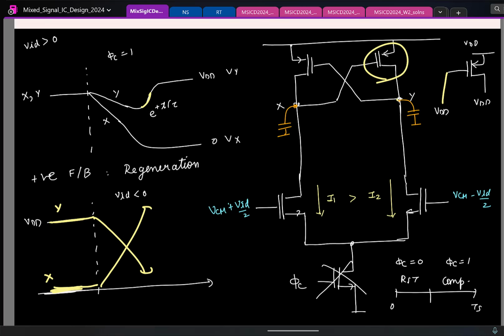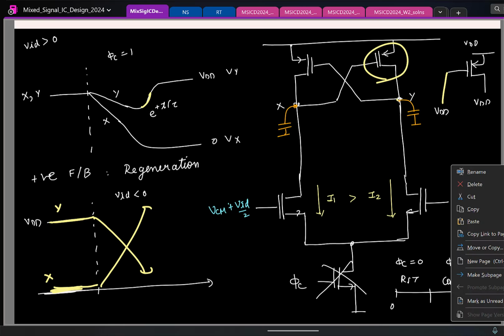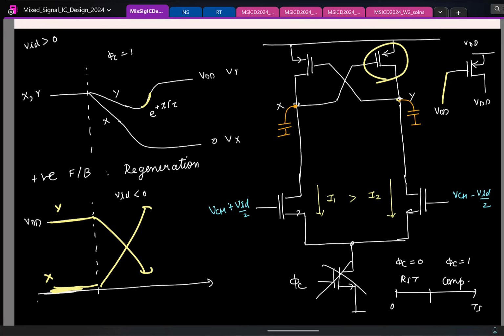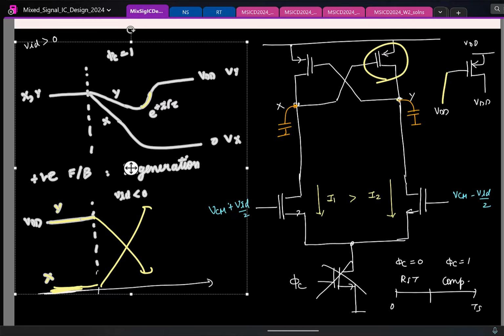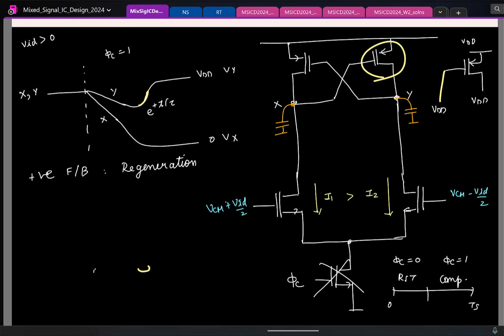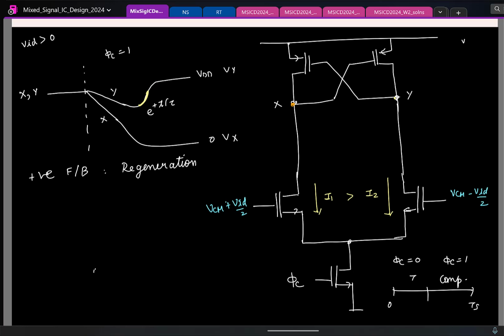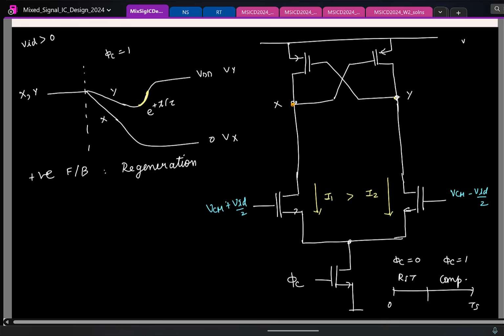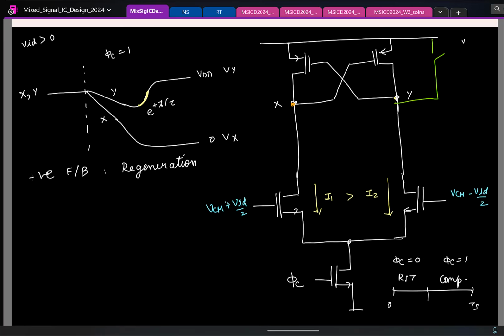Fine. So now let's add those also. Erase this. This be there. So what I have to do is have two switches, and what should be the controlling signal for the switch?